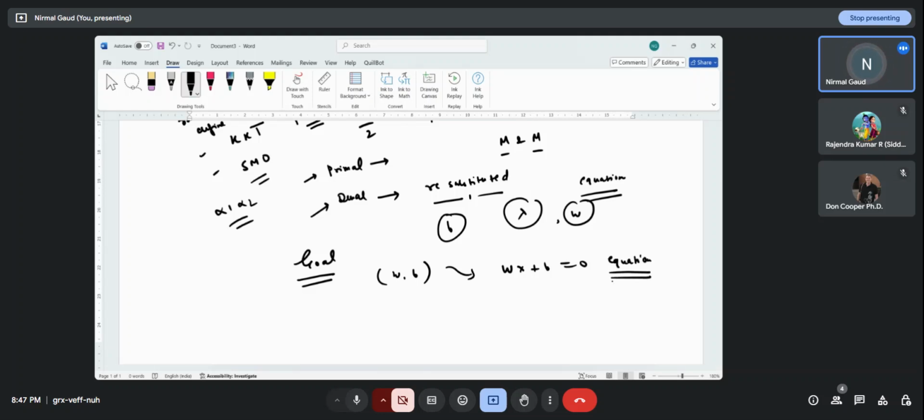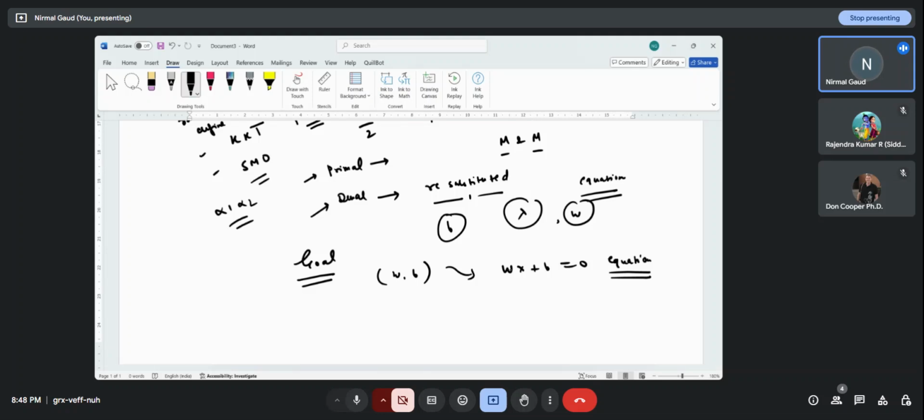So how this hyperplane is going to be adjusted, that depends upon what? Support vectors. And for support vectors, you require this w, right? You require this w, what it should be. Okay, so we have done the entire solution of SVM.